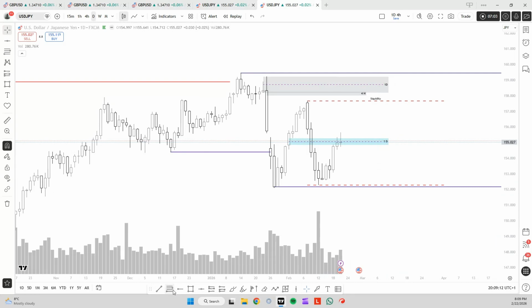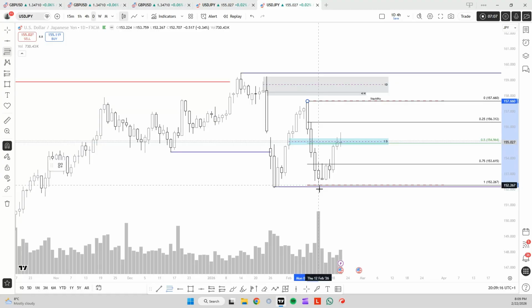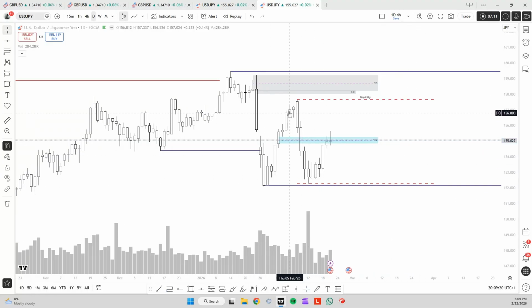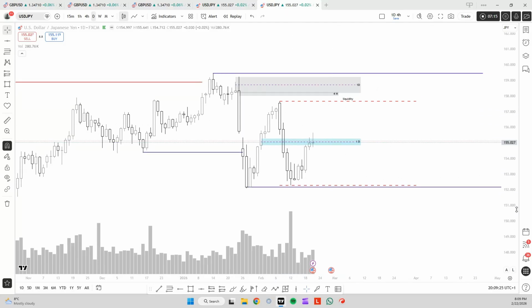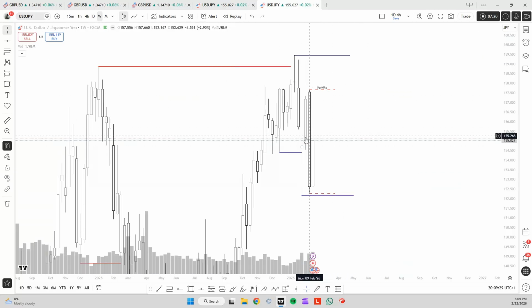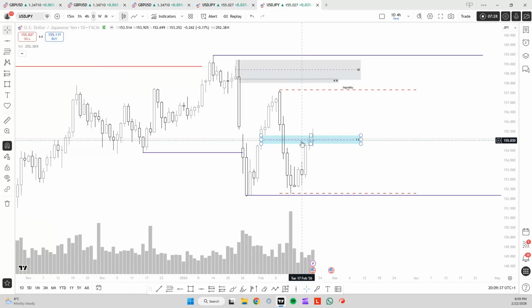And right now I didn't measure, but I bet the price sits around 50%. Once you measure this range, the price is at 50% of this weekly bearish range, I'll say, and it's paused for a little bit, right?